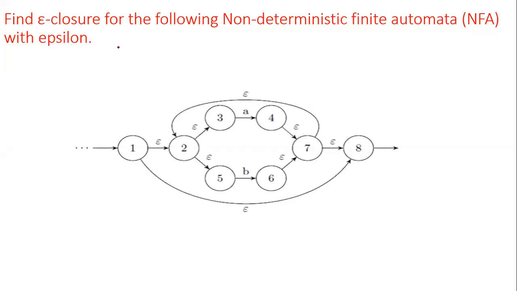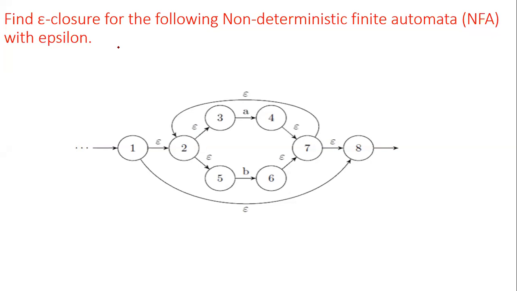How do you reach 7? There is a transition from 2 to 7. No, that is 7 to 2, right? The arrow mark is mentioned. If there is no arrow mark, then you can say so. Otherwise, you can say only based on the arrow. So the epsilon closure of 1 is 1, 2, 3, 5. We can't move further. There is no epsilon transition to reach any other states.